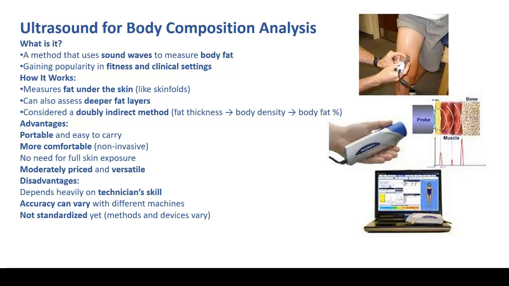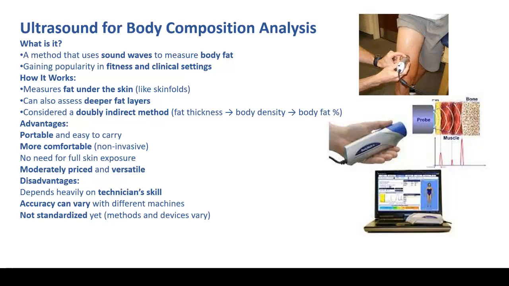Another technique for body composition is ultrasound for body fat testing. Ultrasound is a safe and painless method that uses sound waves to check how much fat is in your body. A small device is placed on your skin. It sends a sound wave into your body to measure how deep the fat is.